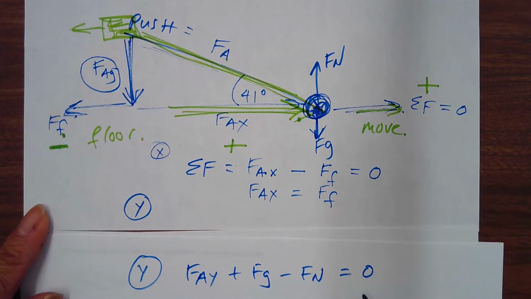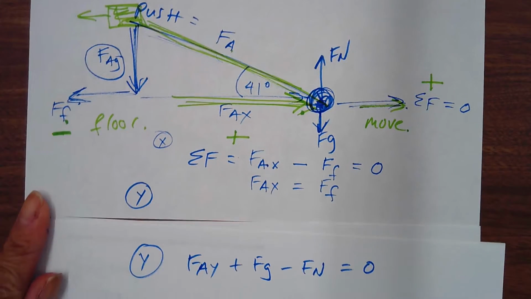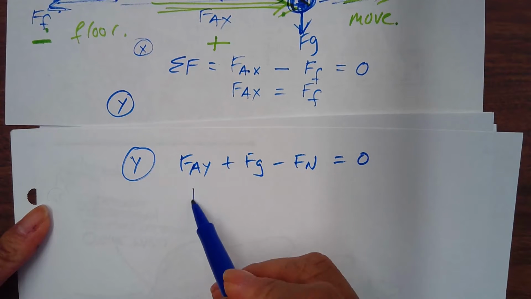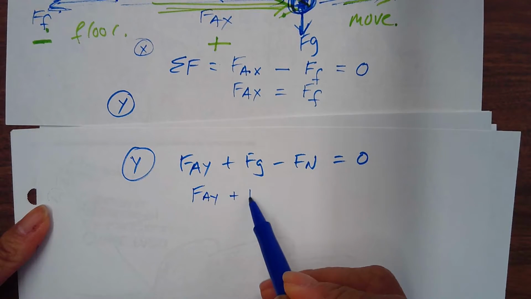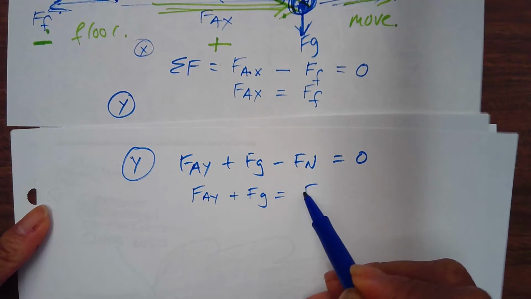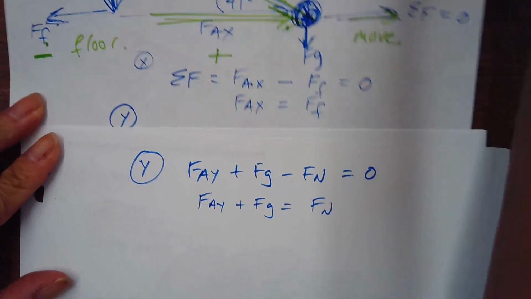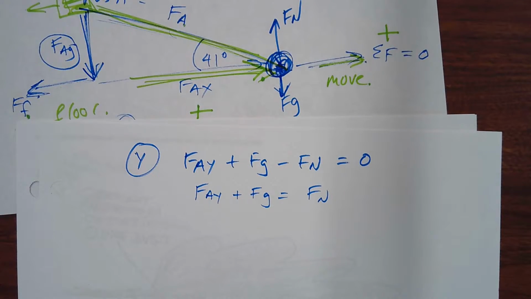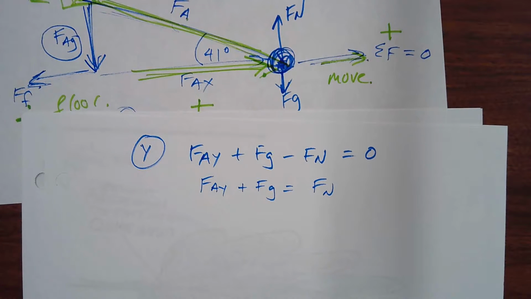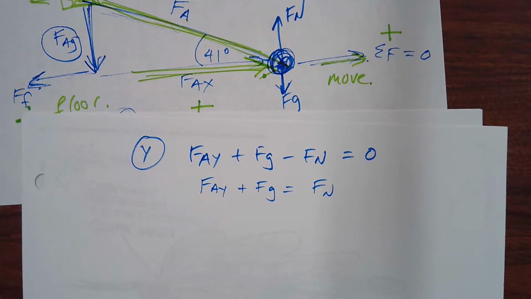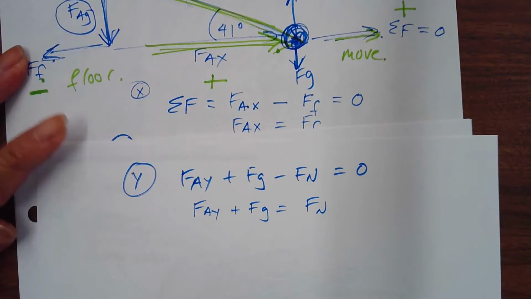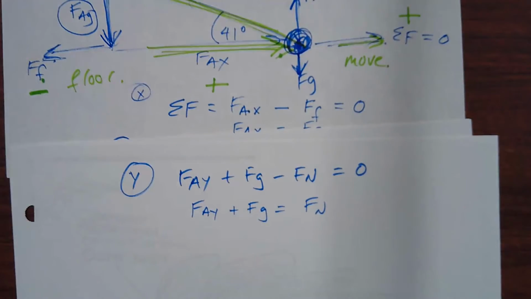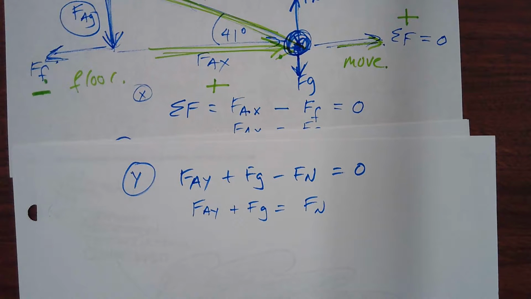And that's equal to 0. So when you put this together, really it's Fay plus Fg equals Fn. So the Fn on that broom is really equal to the push that you're applying, the Fay plus the Fg. Does that make sense so far? All we're doing here, guys, is just writing the Fg, looking at the arrows, and adding the ones that are going in the same direction.